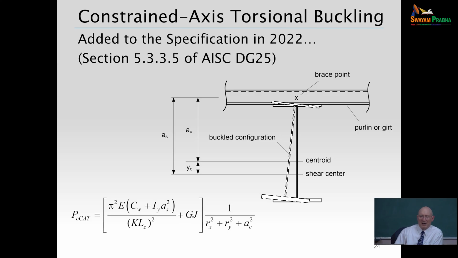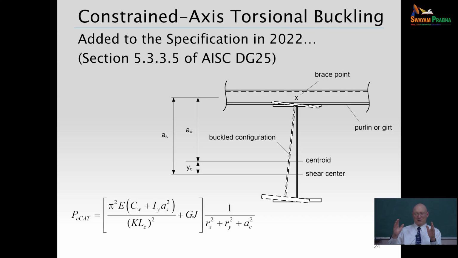Again, KLz. The simple way we usually calculate it, if we were talking about weak axis buckling of a column, we often just say, don't bother with the K, just use K equals 1. The unbraced length is Ly, that's your KLy. Same thing here. It's the distance between locations where you're preventing twist.